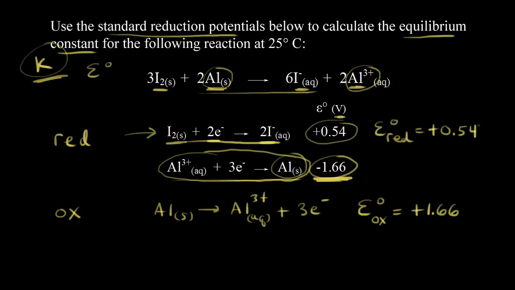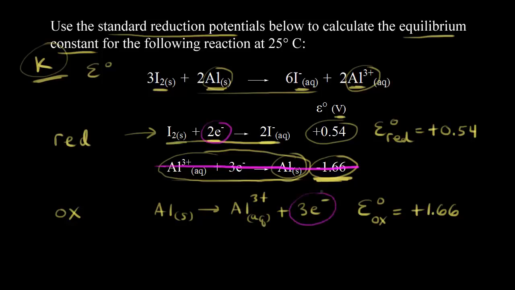Next, we need to look at our balanced equation, right? We need to make the number of electrons equal for our half reactions. So for this first half reaction, I'm just going to draw a line through this half reaction, so we don't get ourselves confused. For our first half reaction here, we have 2 electrons, and then over here, for our oxidation half reaction, we have 3 electrons.